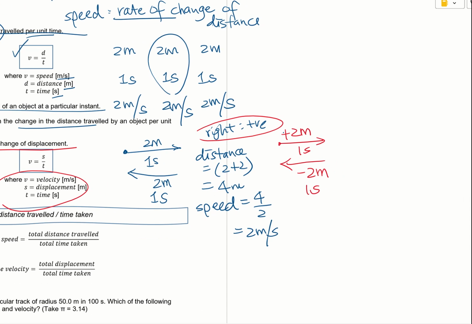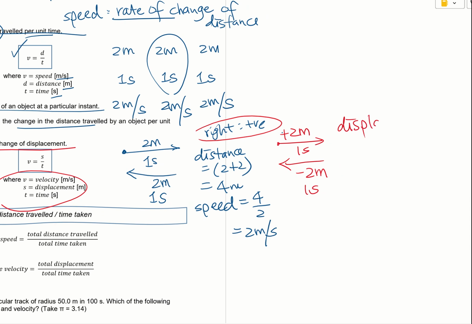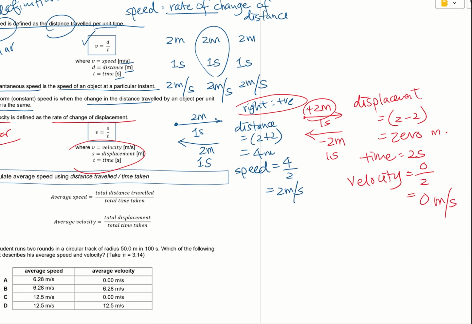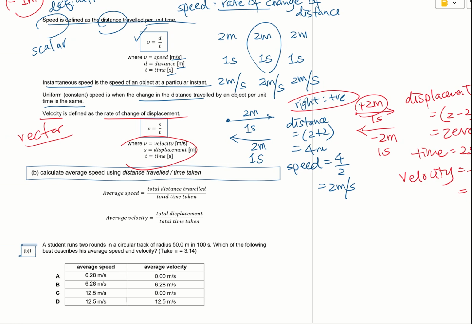So therefore, the displacement will then be equal to 2 minus 2, right? You sum them up. 2 plus minus 2, you get 0 meters. Okay. However, the time taken is still 2 seconds. Therefore, the velocity will then be 0 over 2, and it will give us a velocity of 0 meter per second. Okay, so this is for success criteria A.